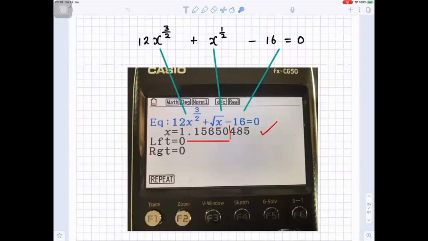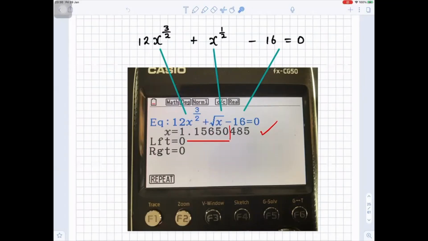If you put that equation, 12x to the power 3 over 2 plus x to the half minus 16 equals 0, that's the equation where we made x the subject in the iterative formula. If you put that in the equation solver in your graphics calculator, it would give you 1.15650 to 5 decimal places.